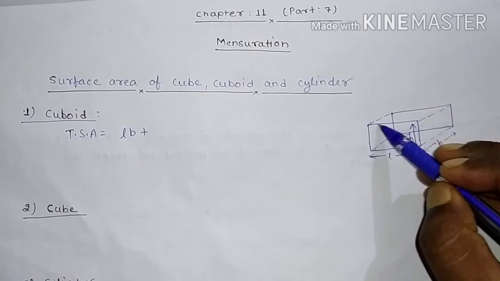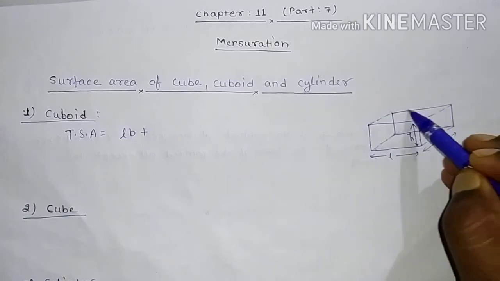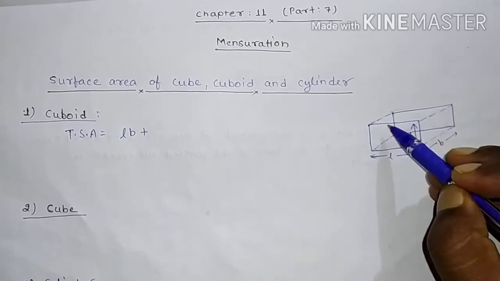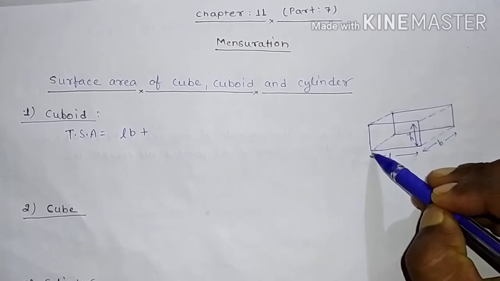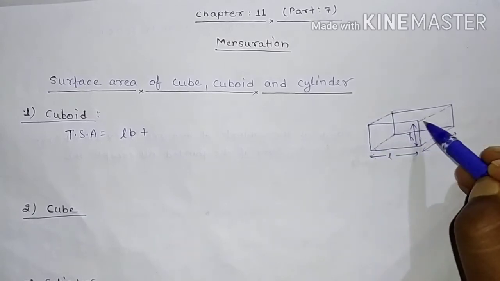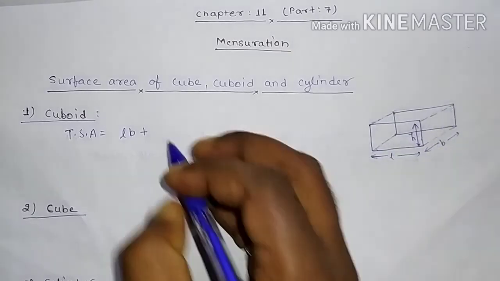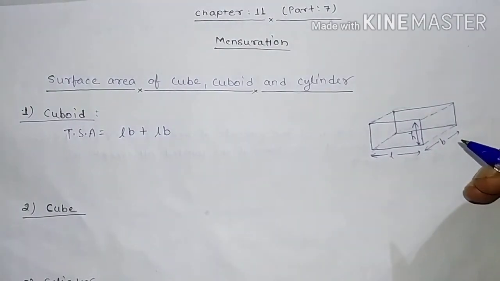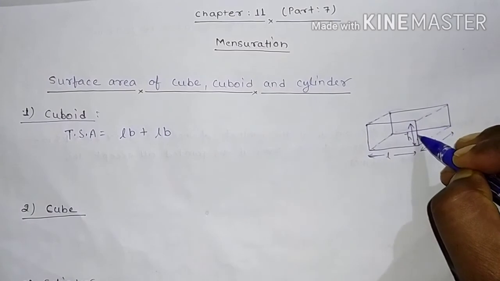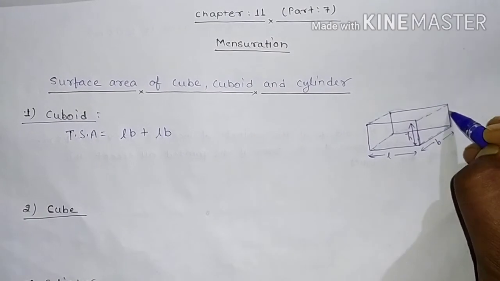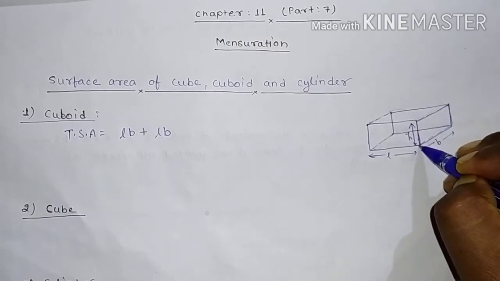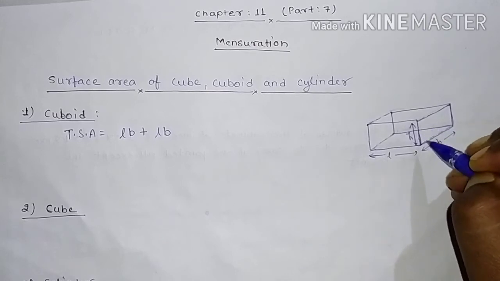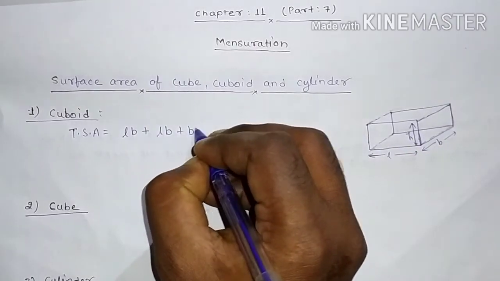This surface is also a rectangle having length L as shown in the figure, and breadth B, so this is also LB. Similarly, this surface is B into H, so this is BH.